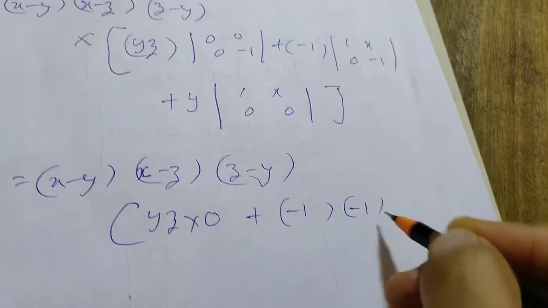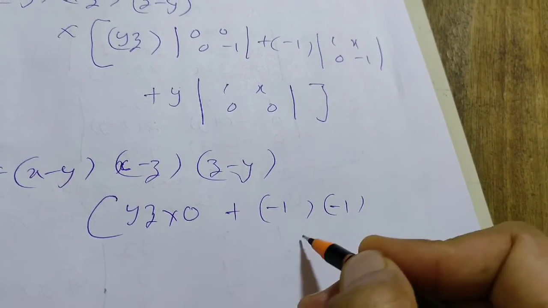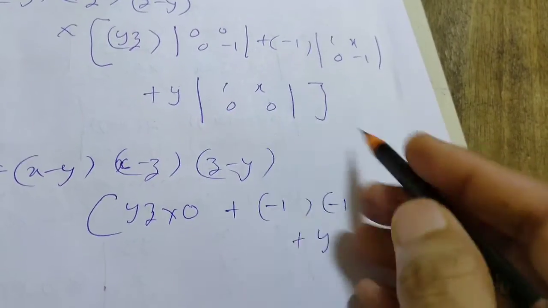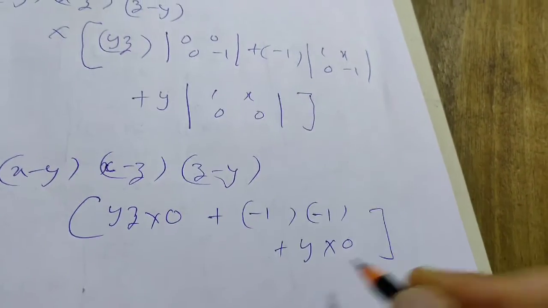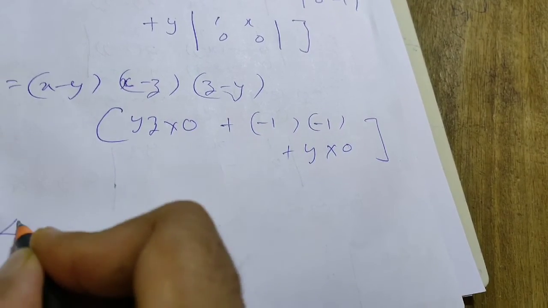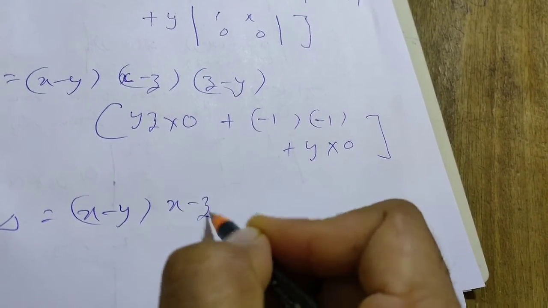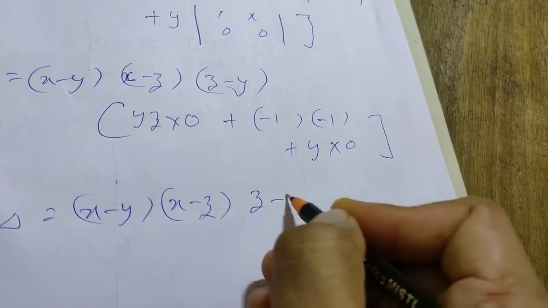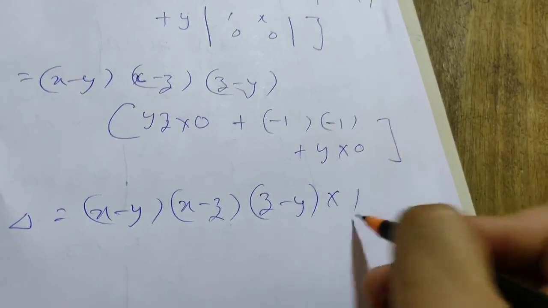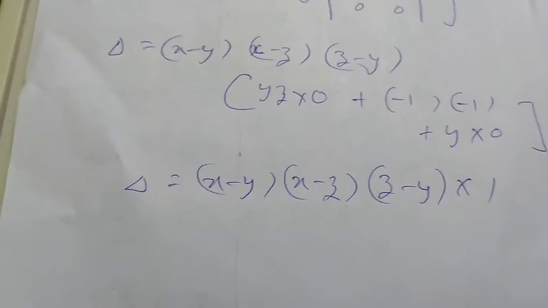So into minus 1, and plus y into 1 into 0, x into 0, so y into 0. So this is what we'll get. So therefore delta equal to x minus y, x minus z, and z minus y, because total will be 1 only. So this is our solution.